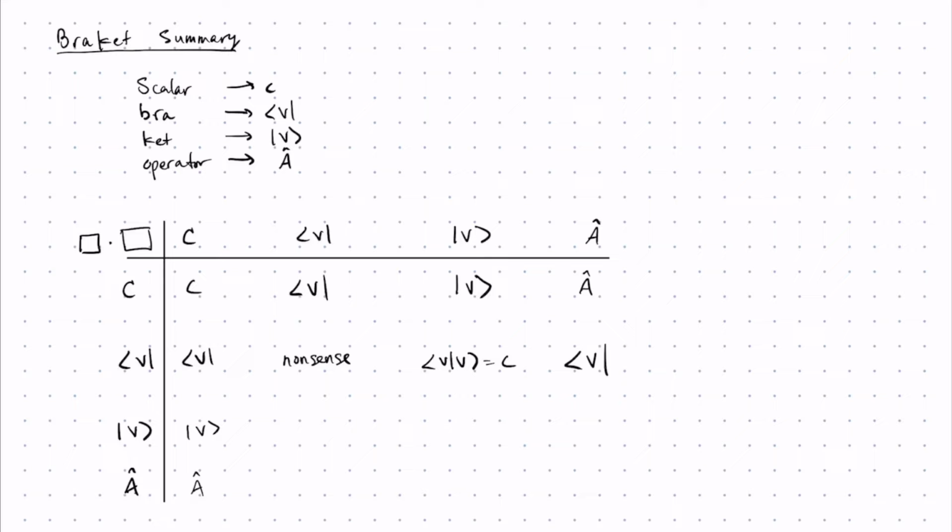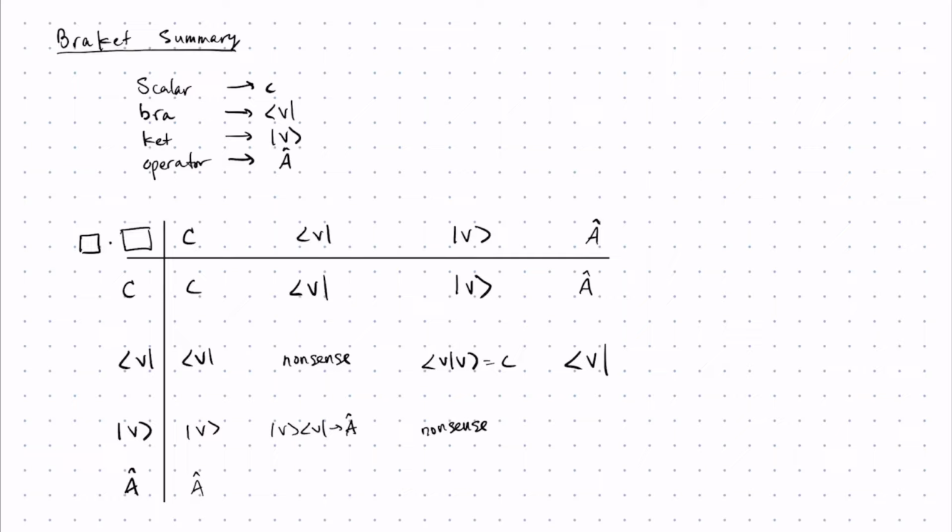Okay, so let's go down to the next row. In the next row, on the left side, we will have a ket, and we're going to multiply it first by a bra. And so in this case, what we get is this outer product, and this is an operator. In the next case, if we multiply a ket by a ket, we're back in the range of nonsense.